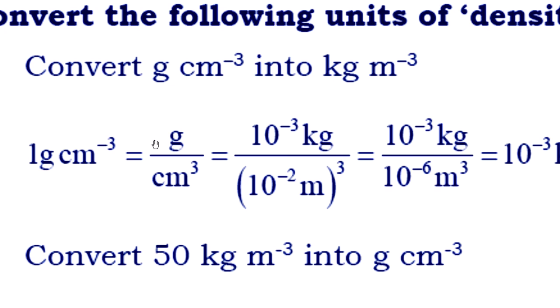So here gram centimeter to the power of -3 means 1 gram, since in front of it there is no coefficient, we can keep 1. 1 gram per centimeter cube equal to, this can be written as gram by centimeter to the power of -3. We can take it down, then the exponent will become positive, centimeter cube.